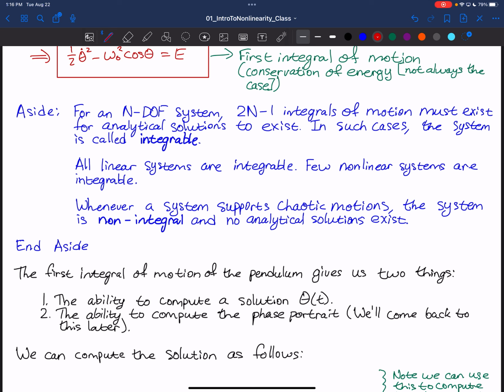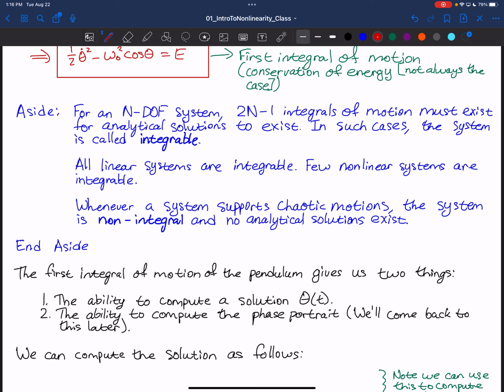And so basically, we just derived what's known as the first integral of motion for this, and then for any n degree of freedom system, there must be 2n minus 1 integrals of motion. If a solution exists, there's actually 2n. One of those you can usually throw away, and you can show it's equal to time. But there must be 2n minus 1 integrals of motion for an analytical solution to exist. And in such cases, we call that an integrable system.